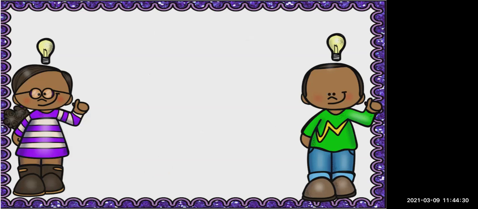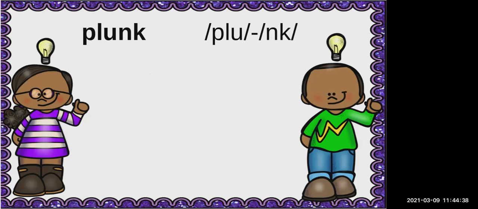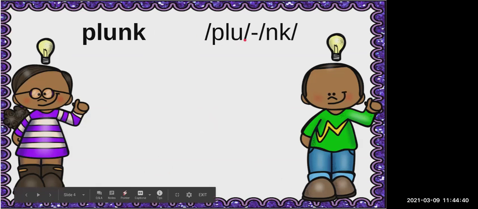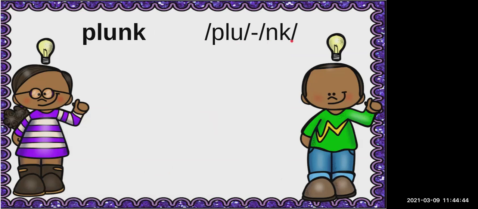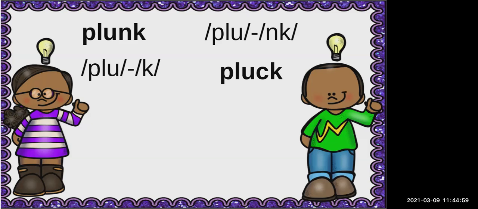Our next word is plunk. Plunk. So if we break that apart with the blend, we have plunk. nk is the blend. We're going to get rid of that first sound. So now we just have pluck. Pluck. So what is the new word? It is pluck. Very good.